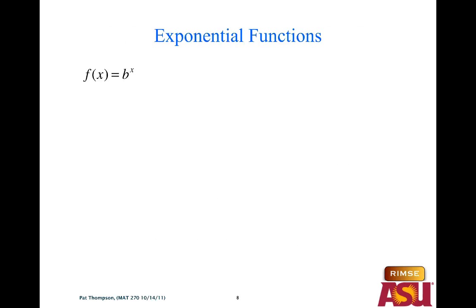All right, exponential functions. I'm not going to derive this one. I'm just going to tell you what it is, okay? Exponential functions. For any constant base b, b to the x turns out to have a rate of change function that is, in fact, b to the x again times some constant, and that constant turns out to be the natural log of the base, natural log of b.